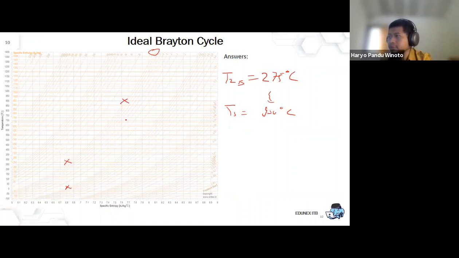Then what? We expand it to 1 bar again. This one we have isentropic. That's all, that's it.